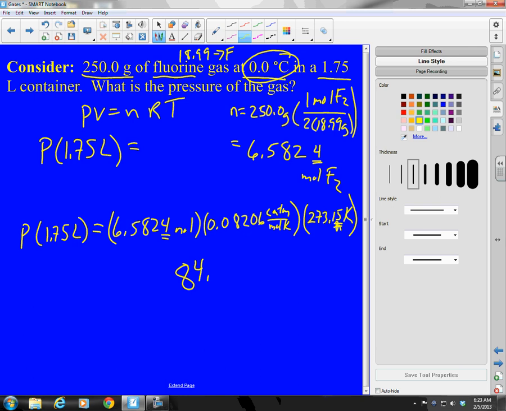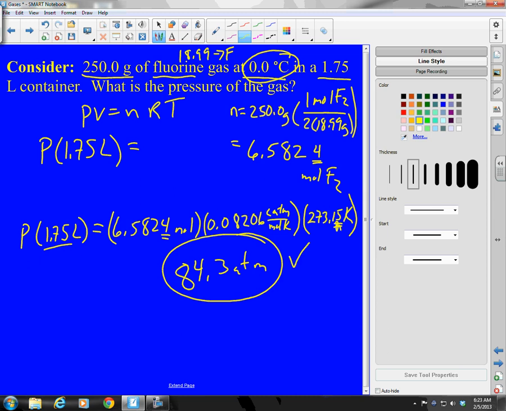It looks like 3 driven by right here. 84.3 atmospheres. Wow, that's a lot of pressure. Run the numbers again just to make sure we didn't make a mistake. 6.5824 times 0.08206 times 273.15 divided by 1.75. 84. Okay, that's good. That's the answer.